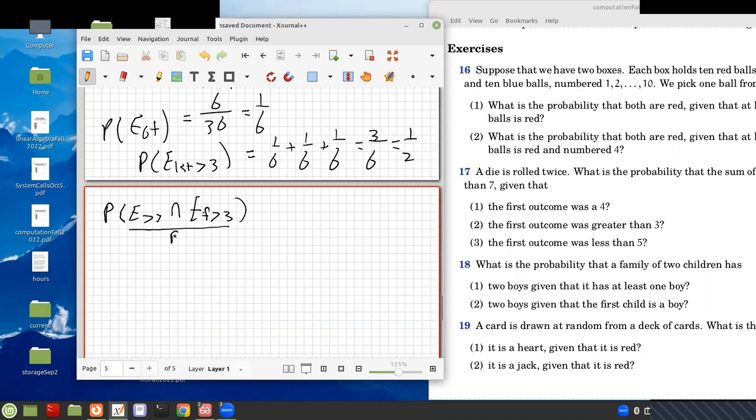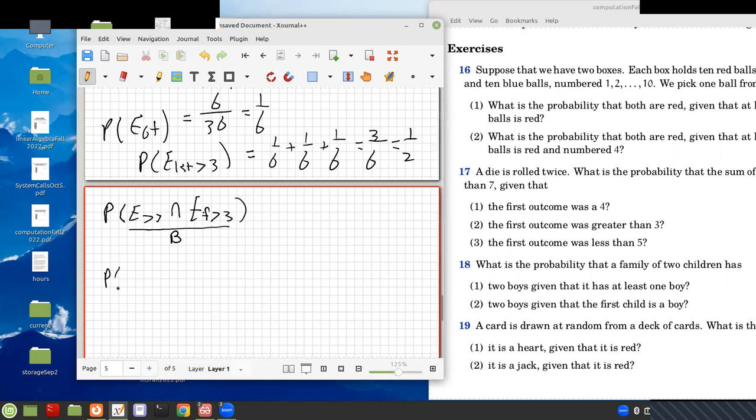Let's just call this event B so that we don't have to write so much. So this is what we want to calculate. Event B is just this event where the sum is greater than 7 and the first one is greater than 3. And let's try to use the same partition above.